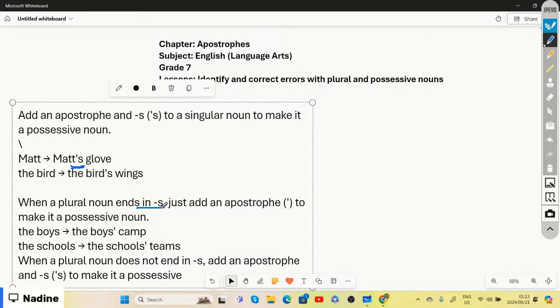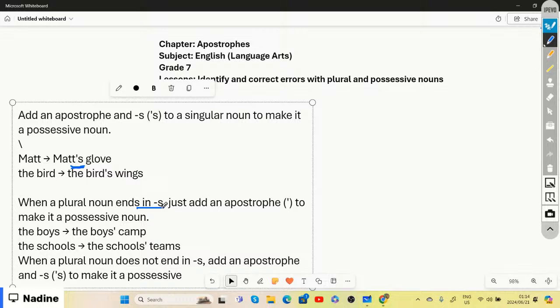And if we make mention of, let's say, more than one boy, right, that is doing something, then we can say, for example, the boys' camp, and that is where we only add an apostrophe.